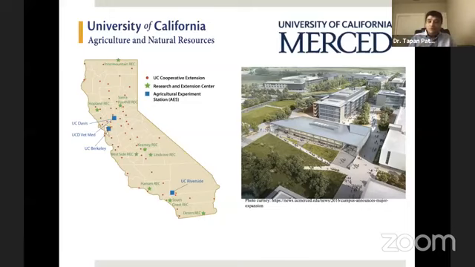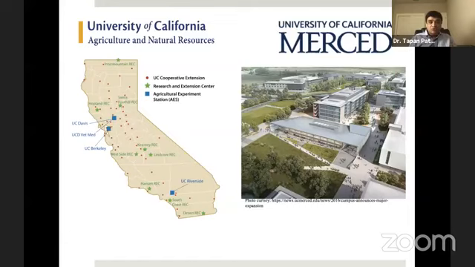Those offices have academics and staff housed in those counties, and they work very closely with people on the ground, understanding their issues and resolving those issues with more science-based and unbiased information. So they are the people who are working very closely with stakeholders on the ground.